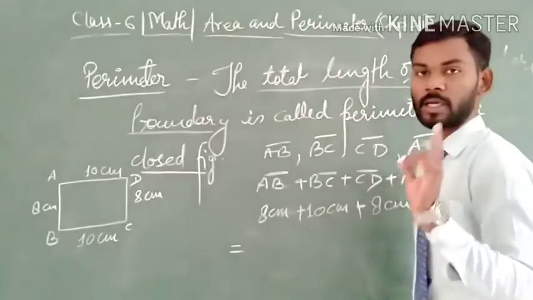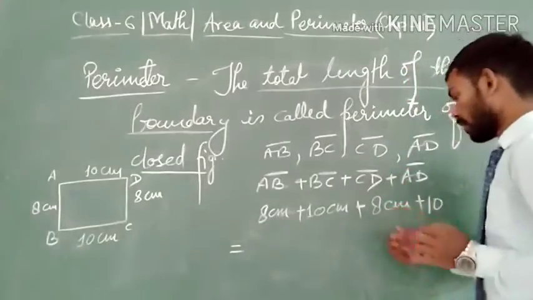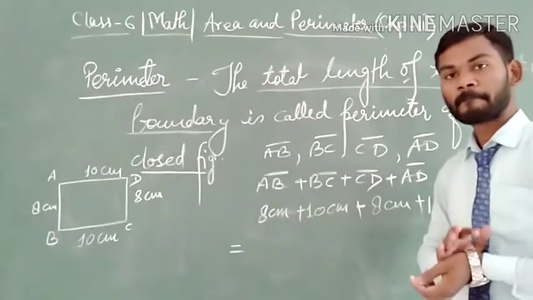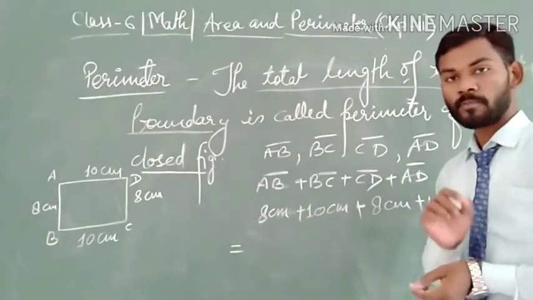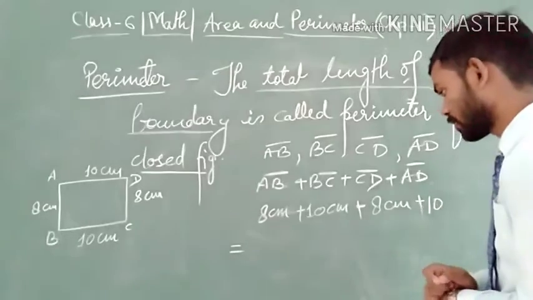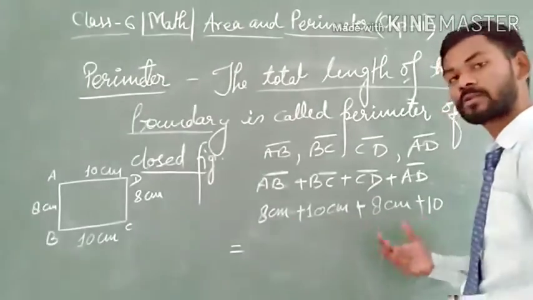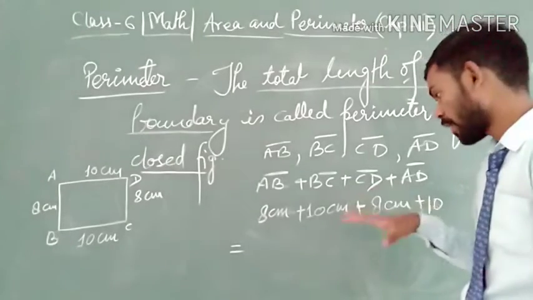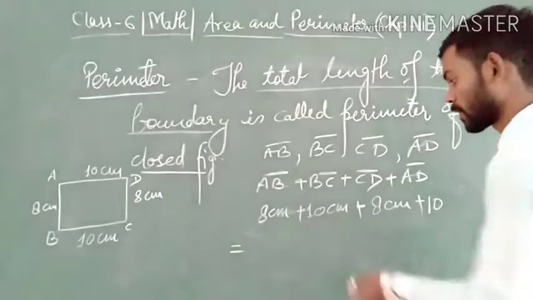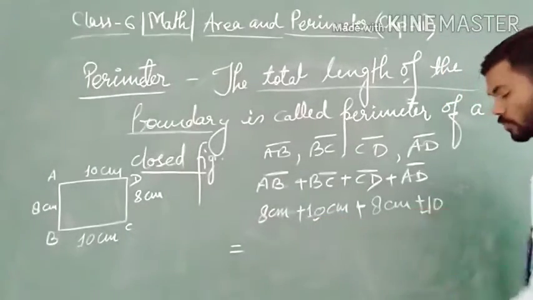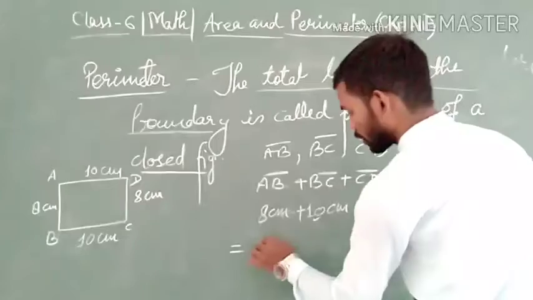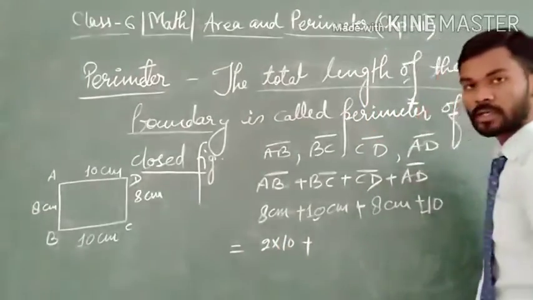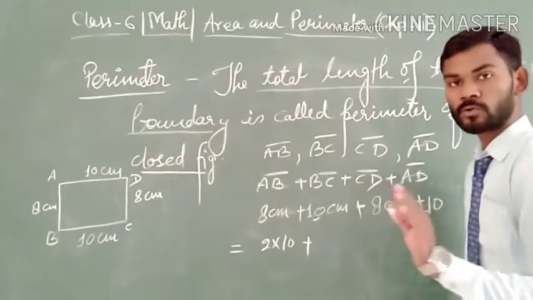One most important thing I would like to tell you is that here we can also find the value by just adding them directly. But I want to make a small change here. In this statement, we can see that 10 came two times, 1 and 2. That is why we can write it as 2 multiplied by 10 plus, similarly, 8 is also 2 times.